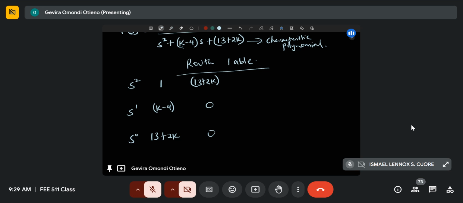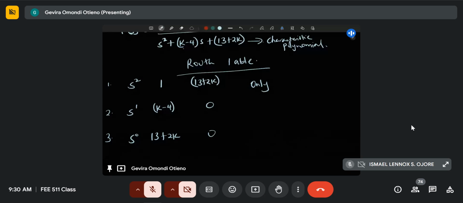Now, the rule says, first let's get the gain. We have to determine which row can potentially go to 0 for a positive value of K, meaning all the elements in that row can go to 0.